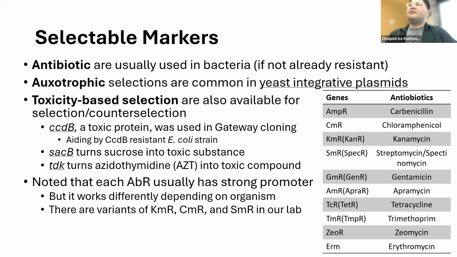Or vice versa, you can also transform the plasmid that has the ability to make toxic compounds, and then feed a compound that was not toxic yet but can turn into a toxic compound only if the genes that can convert it into the toxic compound exist. In that case, you can do counter selection, where you select for something that doesn't have the plasmid instead. So these are some common systems that have been used in the field so far.